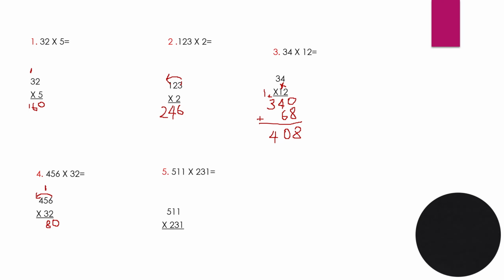So 3 5s are 15 plus 1 is 16. Going to write the 6, and we're going to carry the 1 over. Then 3 times 4 is 12 plus 1 is 13, right?